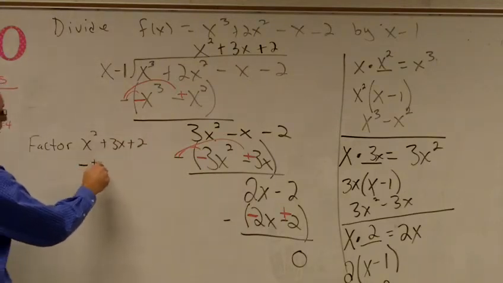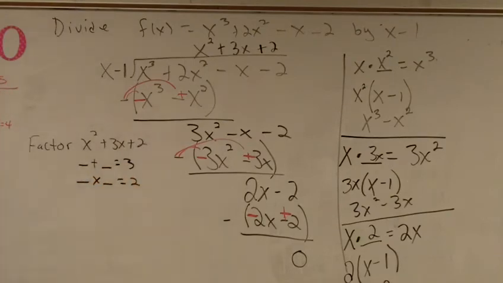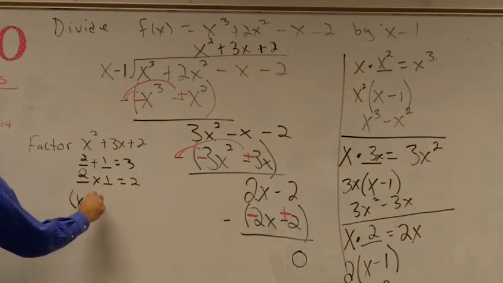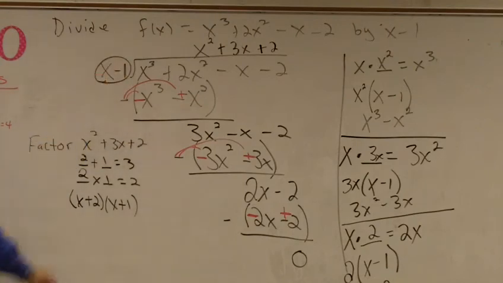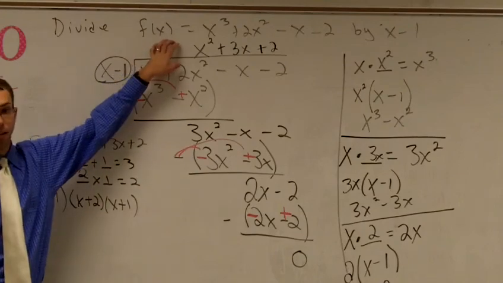I'm looking for two numbers that add to get 3, two numbers that multiply for 2, obviously 2 and 1. 2 plus 1 is 3, 2 times 1 is 2. So my factors are x plus 2, x plus 1, the factor that I divided in, x minus 1. So there's the three factors for your f of x.